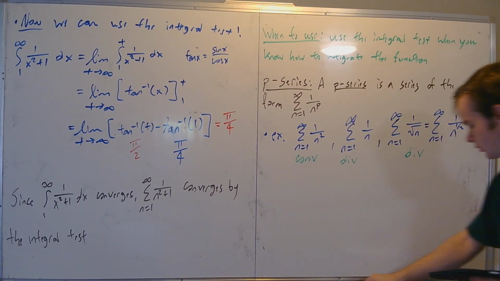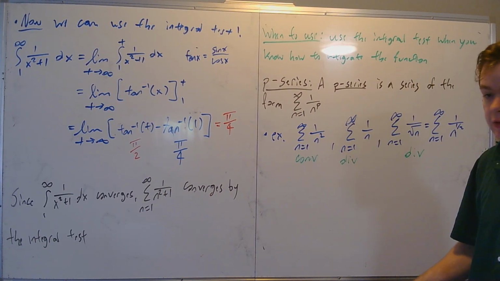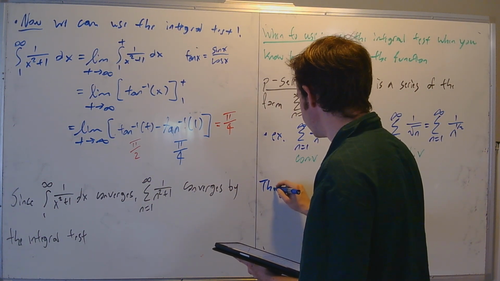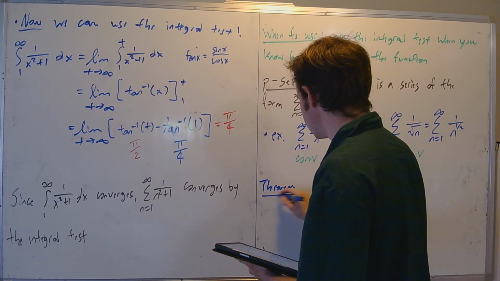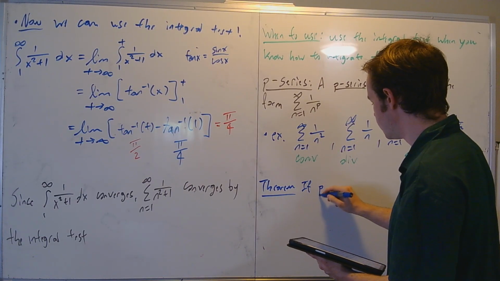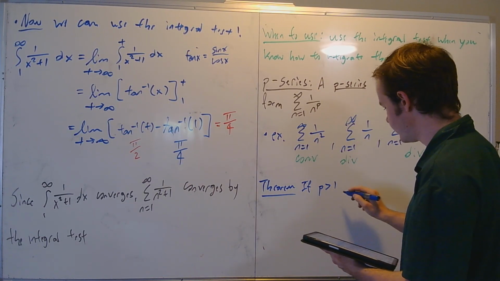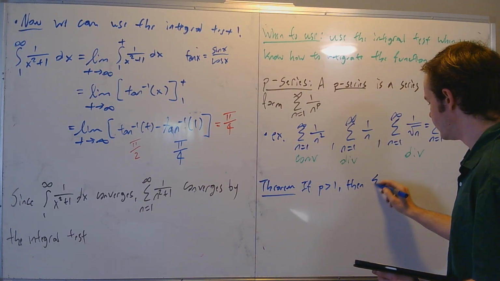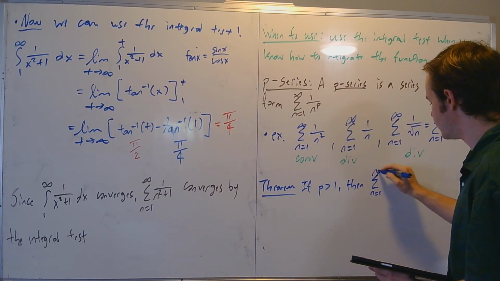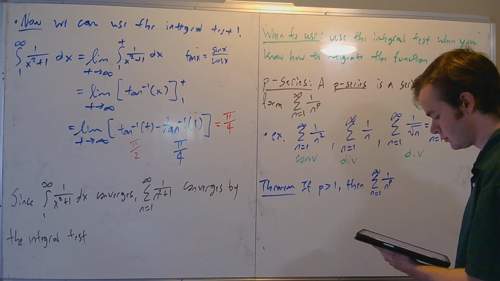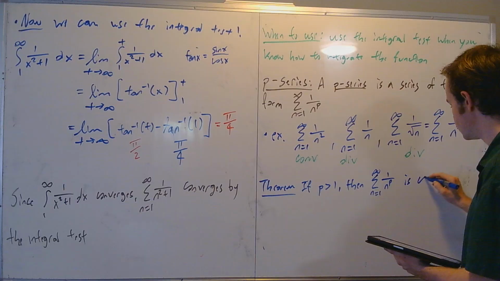Okay, so we can write a theorem, which looks very similar to what we said for the integrals. Our theorem is going to say, if p is greater than 1, then the sum from n equals 1 to infinity of 1 over n to the power of p is convergent.